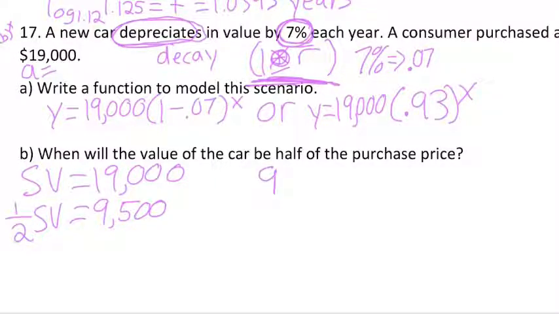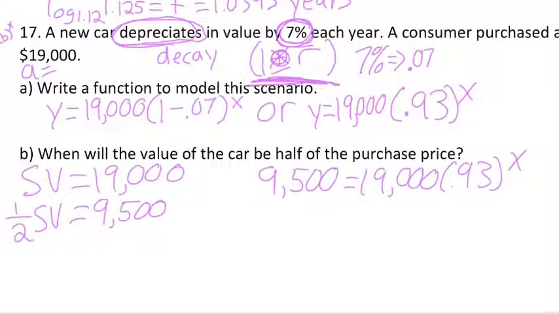So we're asking, when will the end result of the function be 9,500? So we're setting up our equation. 9,500 equals our initial amount times our 0.93^x. Again, our base is not by itself, so we got to get that multiplication and that 19,000 away from our base. Divide by 19,000.